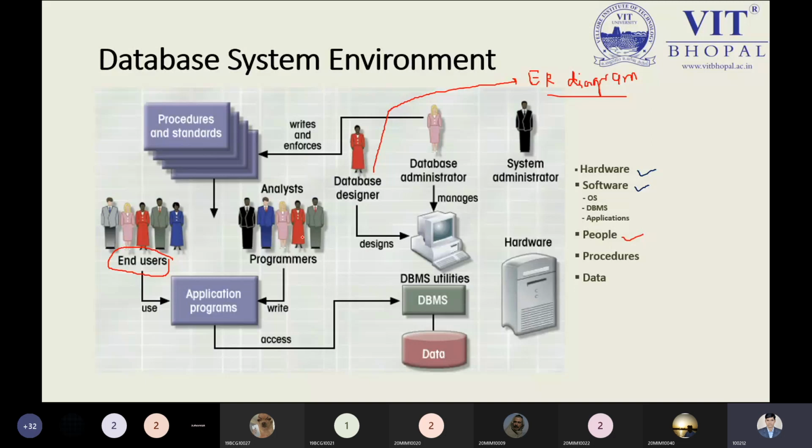So we will report to the database designer or database admin that it should be updated. The programmer has some rights to create the database with the help of applications, so application programmers are required to manage things.